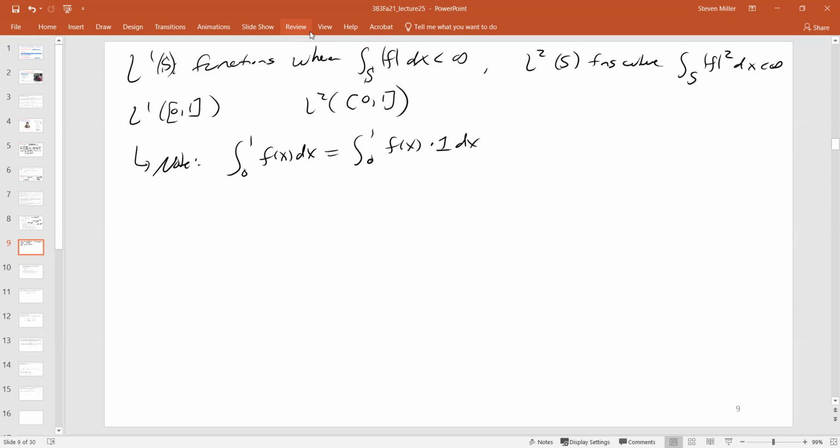And you should know a good inequality to use at this point. Why am I putting in a 1? I want to have an inequality involving two functions.